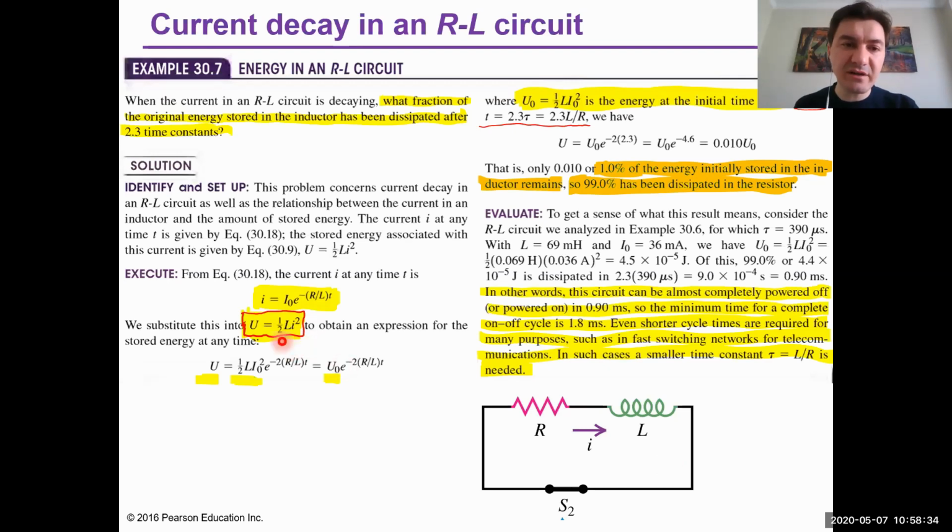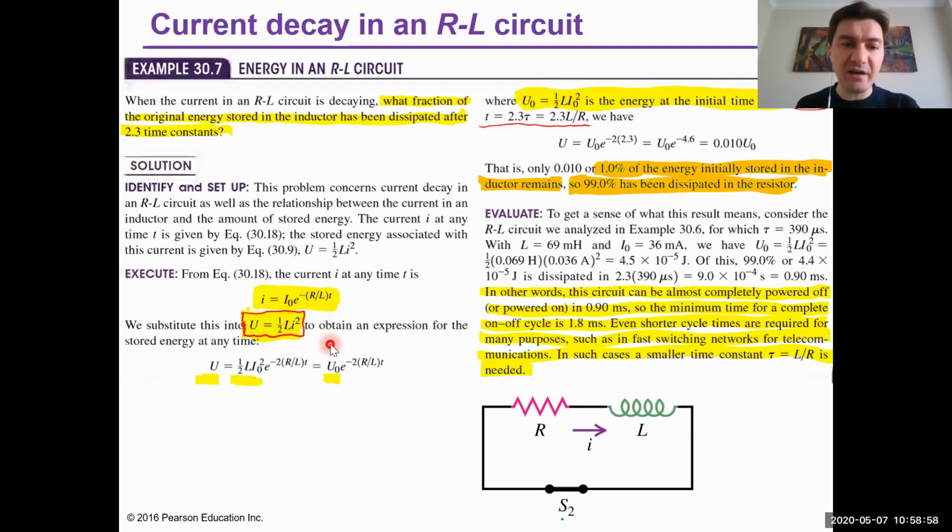We have done it during the last lecture. Energy in the inductor is given by that expression, 1/2 L times I squared. L is the inductance of the inductor, I is the current in the circuit. Here we have I, we have calculated I during the decay of the current.